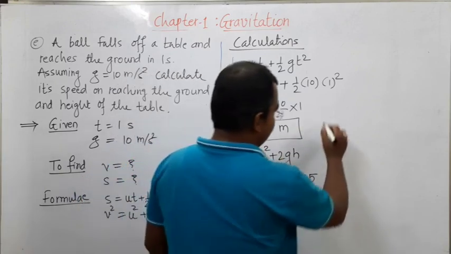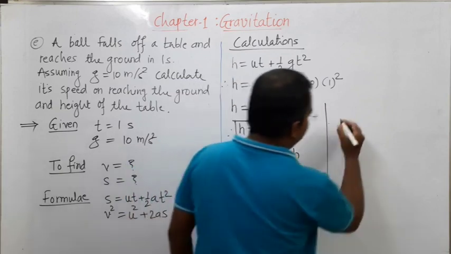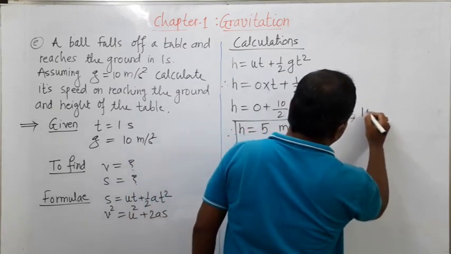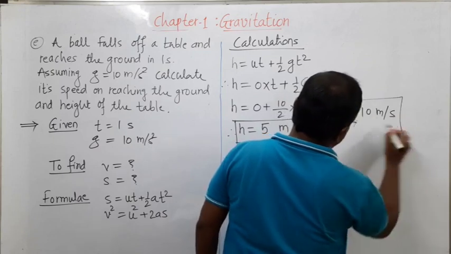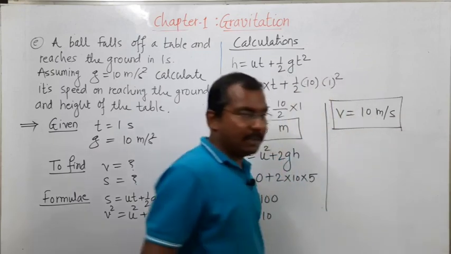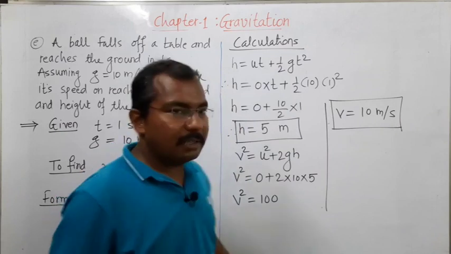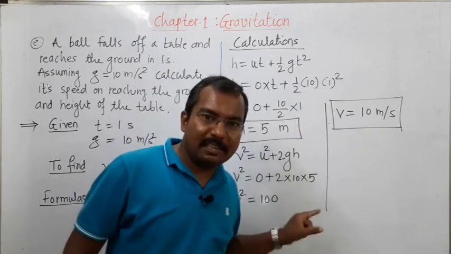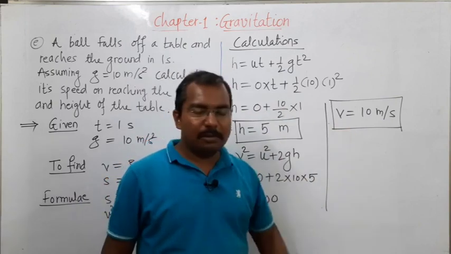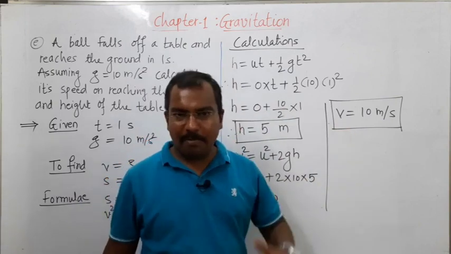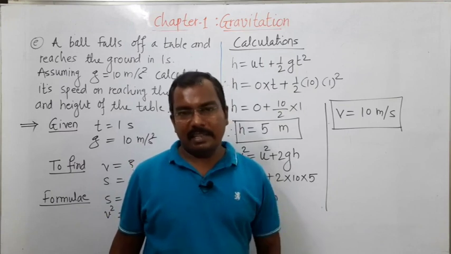So I will write here V is equal to 10 meter per second. This is the velocity of the object or of the ball on reaching the ground, 10 meter per second. This is the 5 meter and this is, so you have complete solution of this problem. You can write it down.